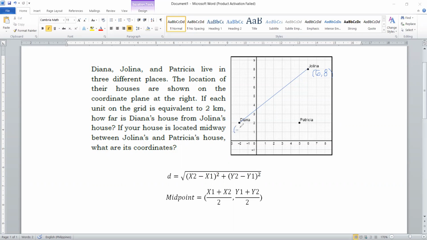So this is negative 2, 2. Now, you can choose point 1 and point 2. It doesn't really matter, you'll get the same result. So I want Diana as my point 1, Jelena as my point 2. So applying the distance formula.